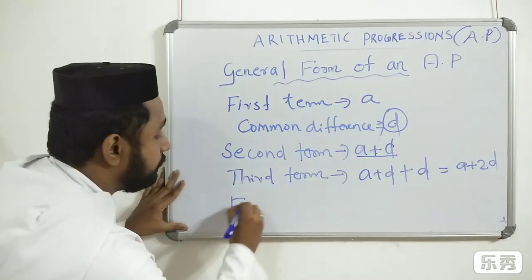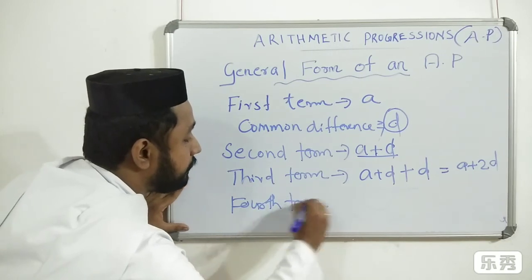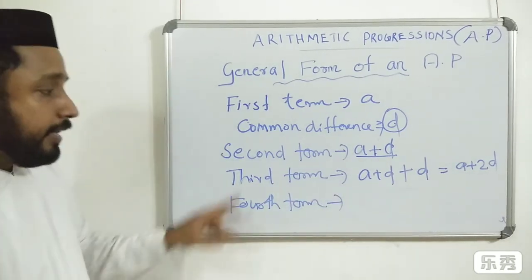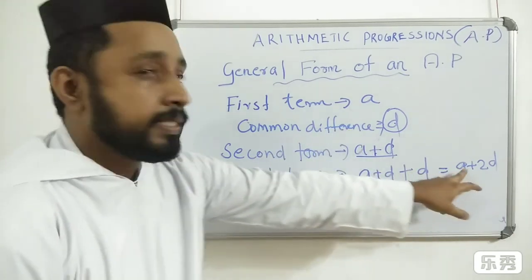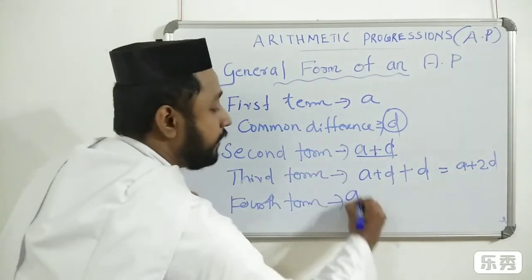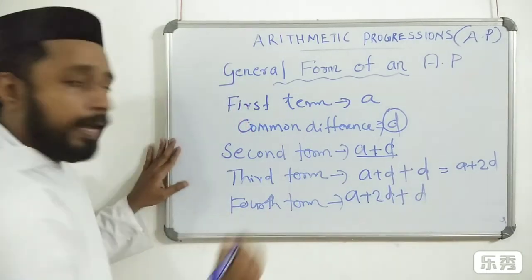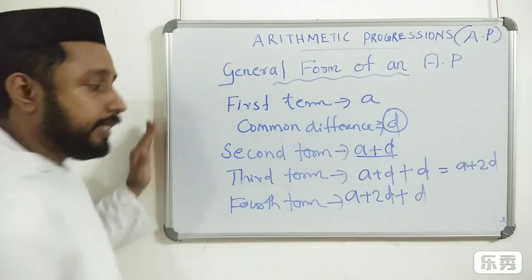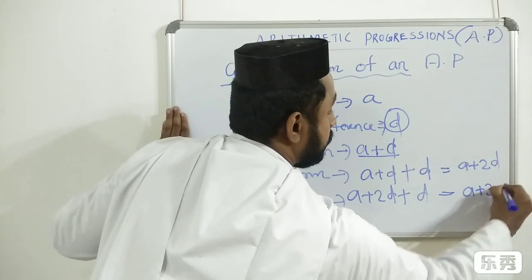Then the fourth term. Adding the fixed term, or common difference, to the preceding term a plus 2D, that is a plus 2D plus D, which is equal to a plus 3D.